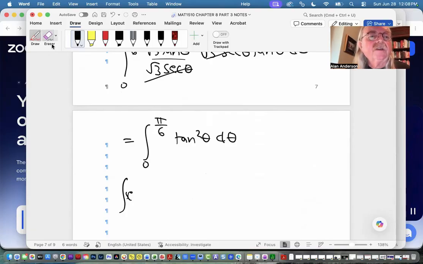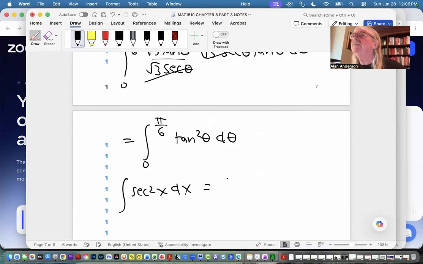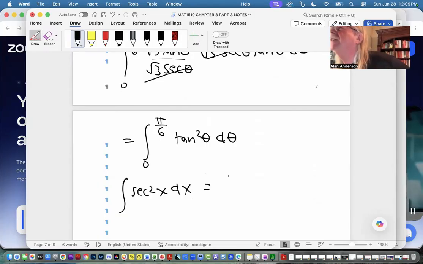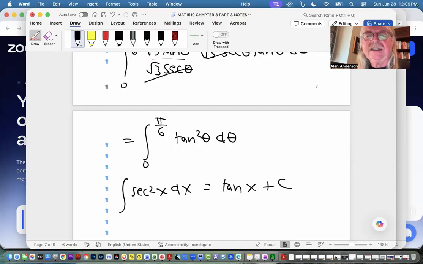There is an integral for the secant squared of x, which is, let me just check, tangent x plus c. So what we're going to do is use those old Pythagorean identities again.